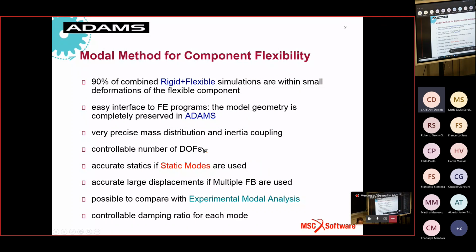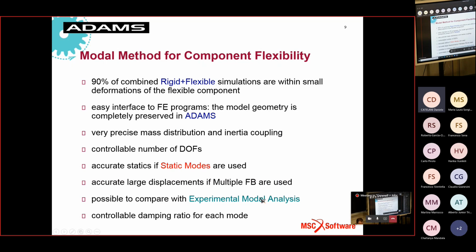When you run a modal analysis, for example, you ask for 10 modes, 100 modes, 1000 modes, you know immediately the number of degrees of freedom you have in the flexible body. 10 modes means 10 degrees of freedom. 100 modes means 100 degrees of freedom. So the degrees of freedom are controllable. You can compare immediately the numerical analysis with experimental analysis.